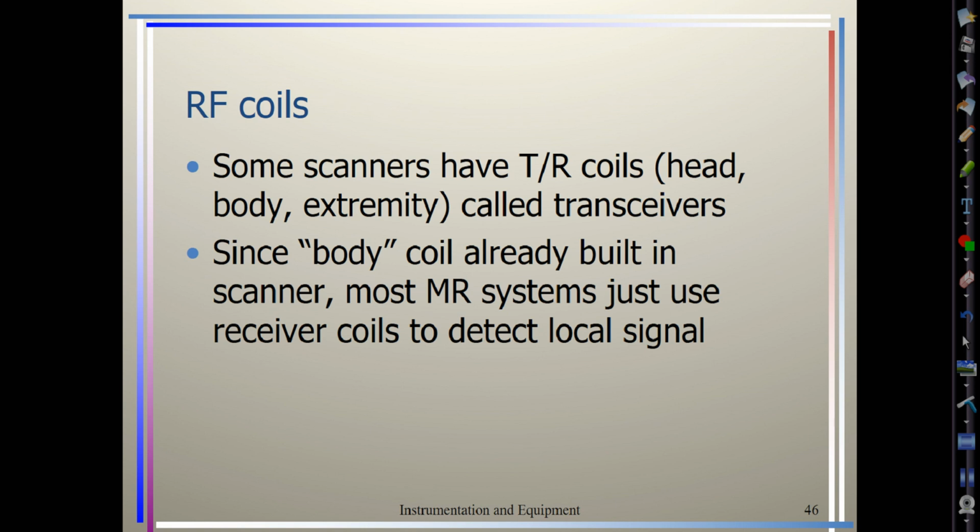So it will transmit with that coil and receive with it. So those are called transmit and receive coils. This is a reminder that the body coil is really just designed to transmit, and if you just lay a coil on the patient, that is designed to receive our signal.